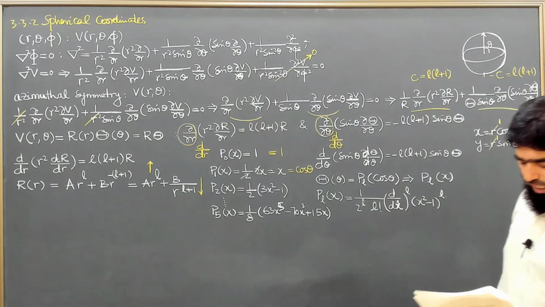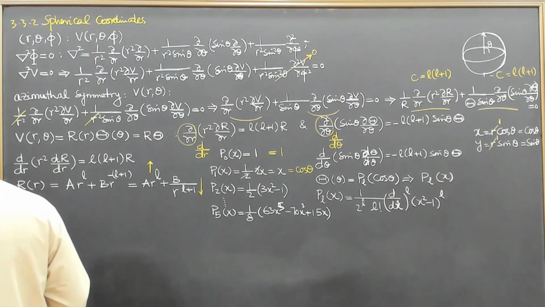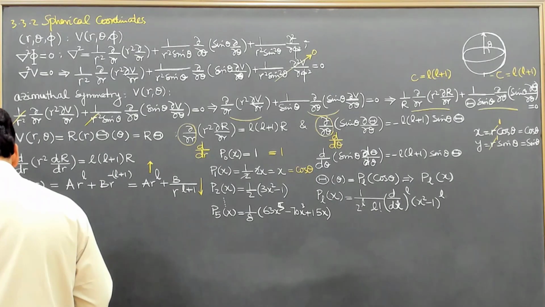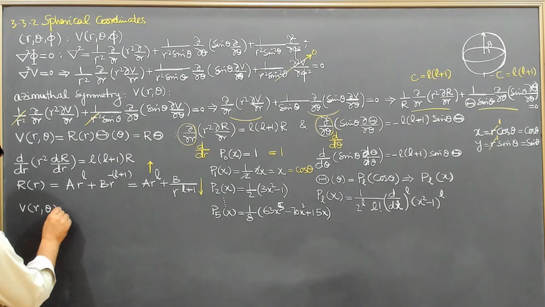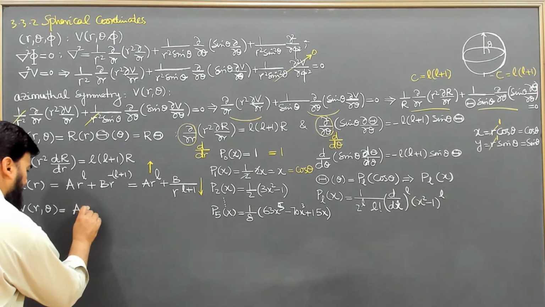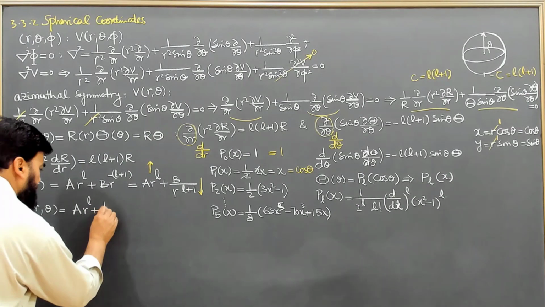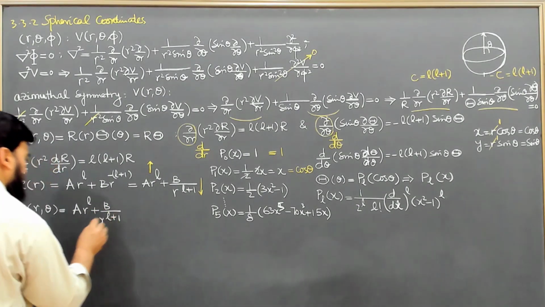So finally I can write the final solution: V of r, theta is equal to a r to the power L plus b over r to the power L plus 1.